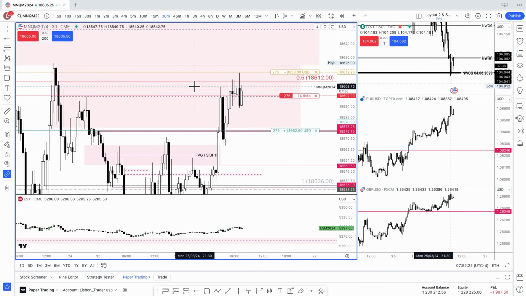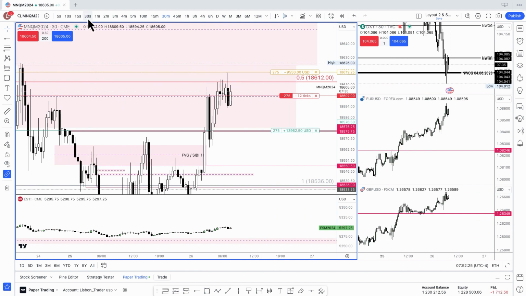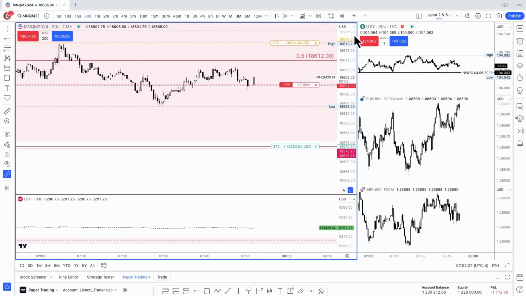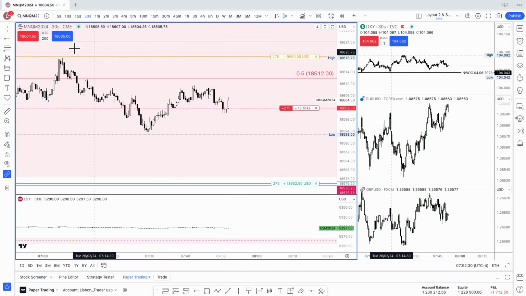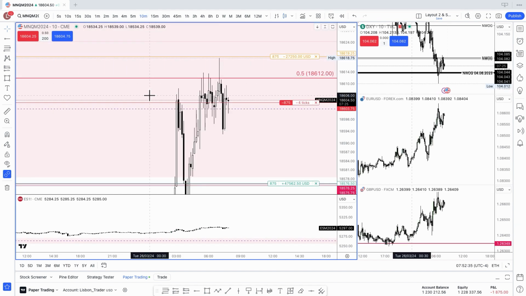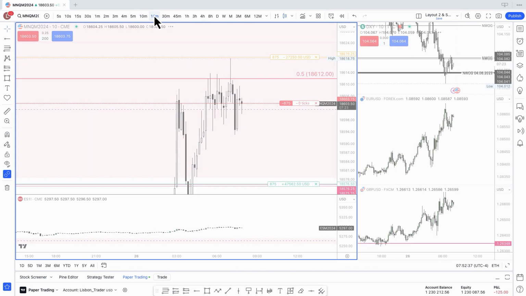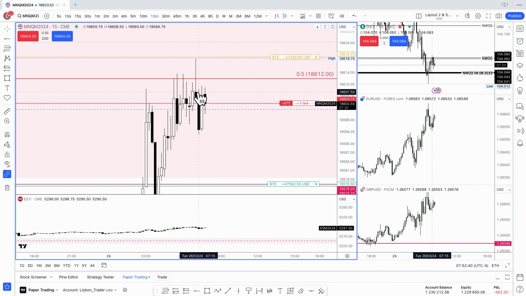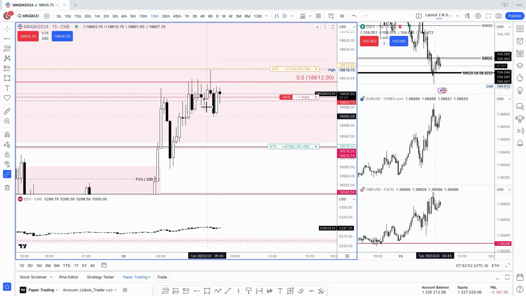So let's wait and see if this is the case. Does not seem like it, so let's keep on selling this. On a 15-minute basis, what we see here, it's a down candle, up, came, tagged this buy side, then if it is a bearish move, should have come all the way down here, which didn't.